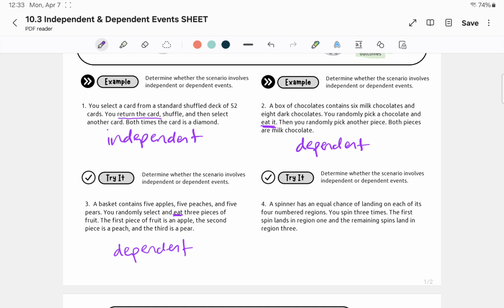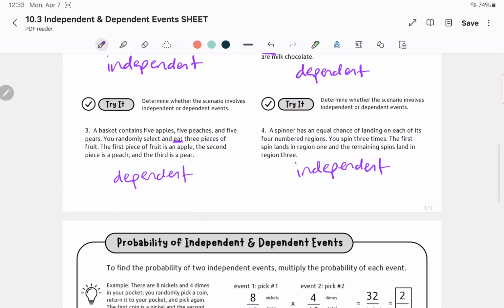For number 4, a spinner has an equal chance of landing on each of its 4 number regions. You spin 3 times. Are you changing anything? With a spinner, you're not taking anything or putting it back, but every time you spin the spinner, have the regions, the areas of the spinner, changed? No, they have not. So if there's no change, it's going to be independent.